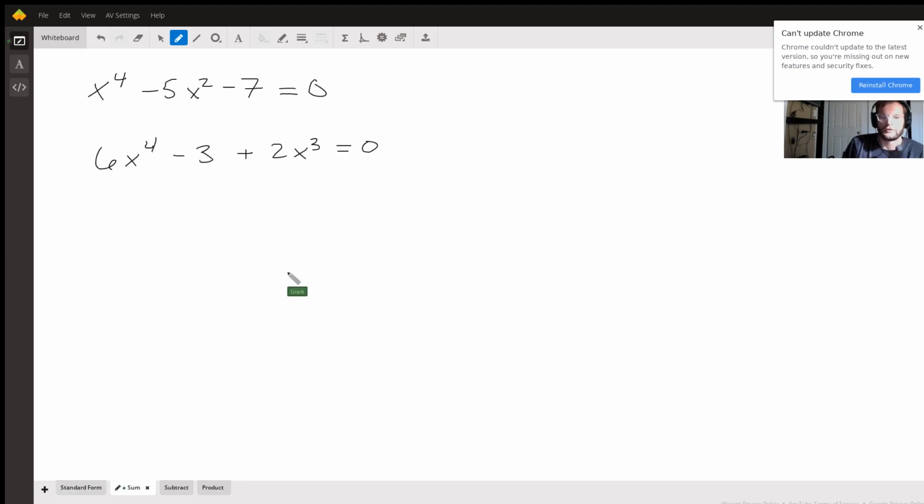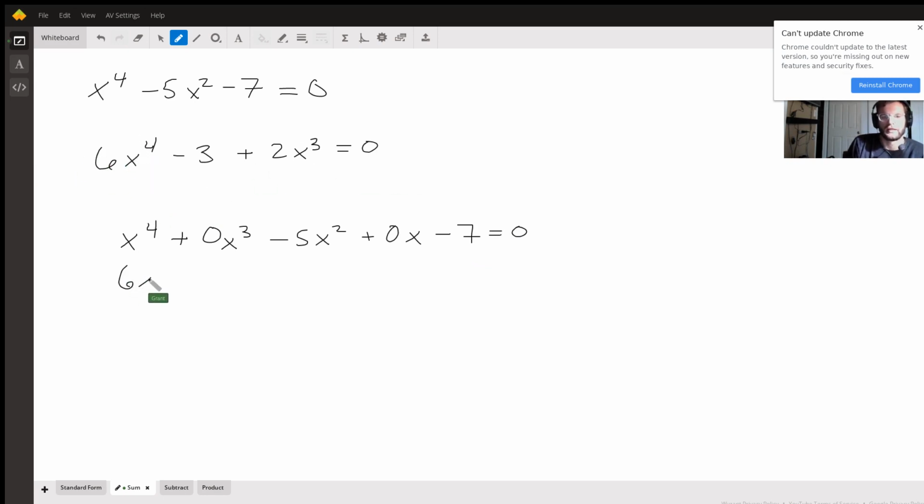So let's go on to sum or addition. Now we have two equations here. And probably the easiest way to do this is rewrite the equations. If we take the first equation, we do x to the fourth plus 0x cubed minus 5x squared plus 0x plus minus 7 equals 0. And then we take the next equation and we just keep everything lined up.